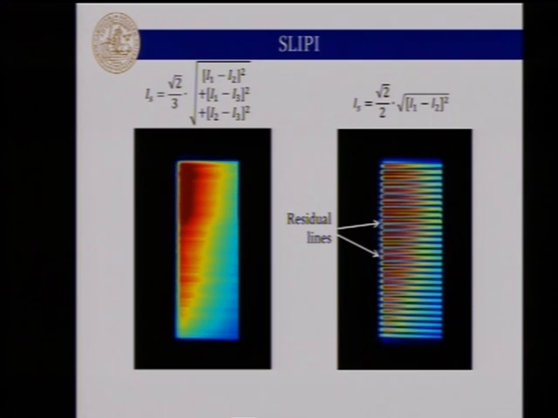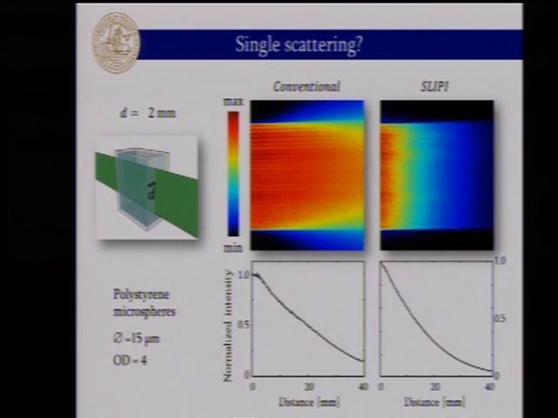So let's apply the 3-phase and check what's happening when we look at the light crossing this scattering medium. In this case, we have 15 micron particles at an optical depth of 4. So what you can see here, at the beginning, we are 2 millimeters from the edge of the cell. So there is not so much multiple light scattering between the light sheet and outside.